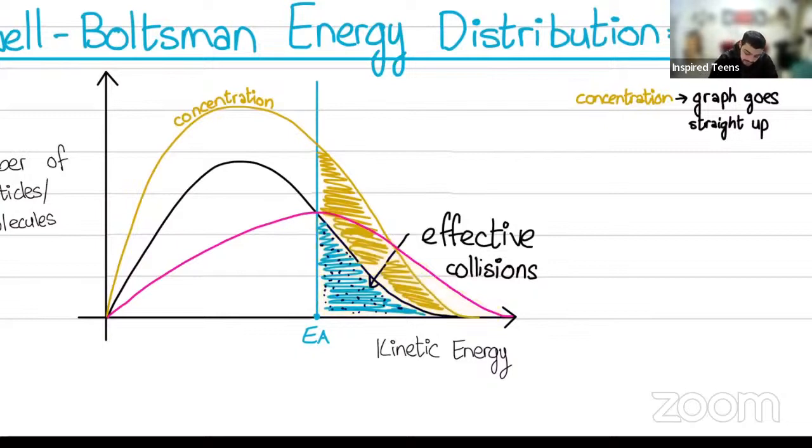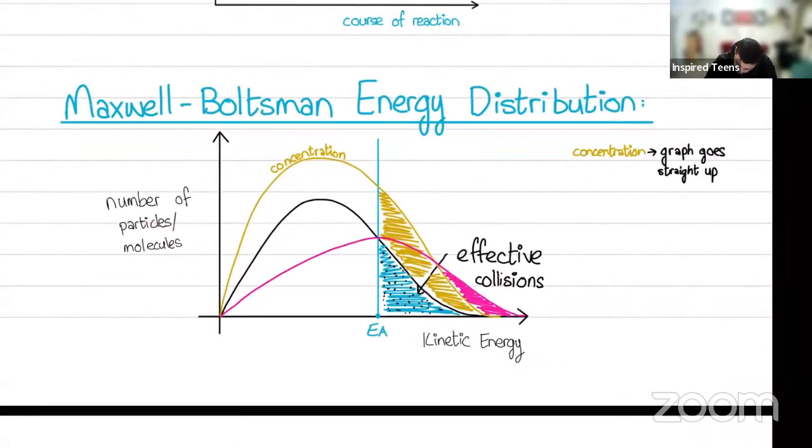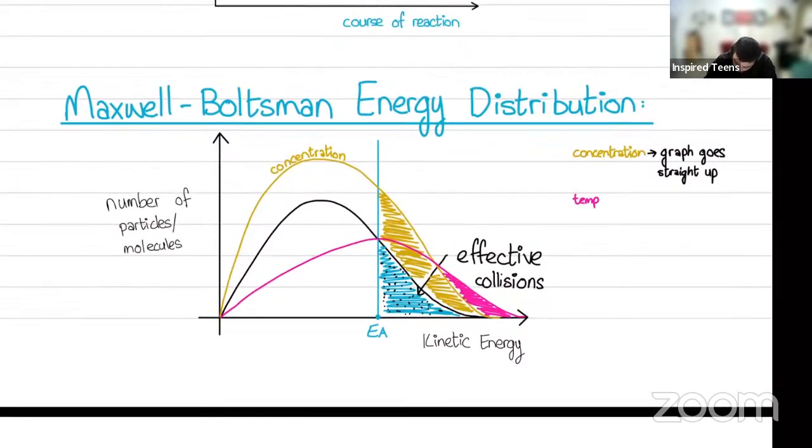I hope that makes sense. So this is the extra bit. And of course, it would be all of this as well, but I'm not going to go over it. It would be all of this that's extra when there's an increase in temperature compared to the original. I'll just write it like that for now. I'm just going to put temperature, and I'll rewrite everything neatly at some point.